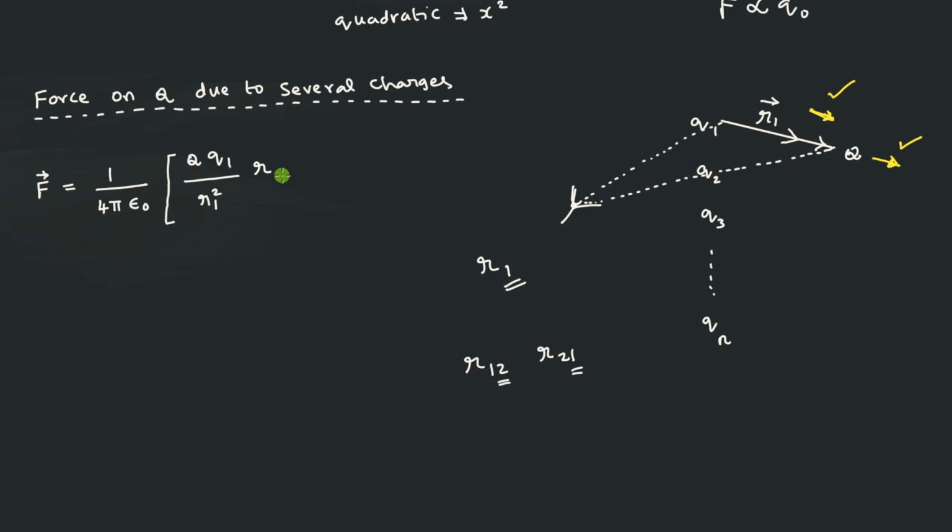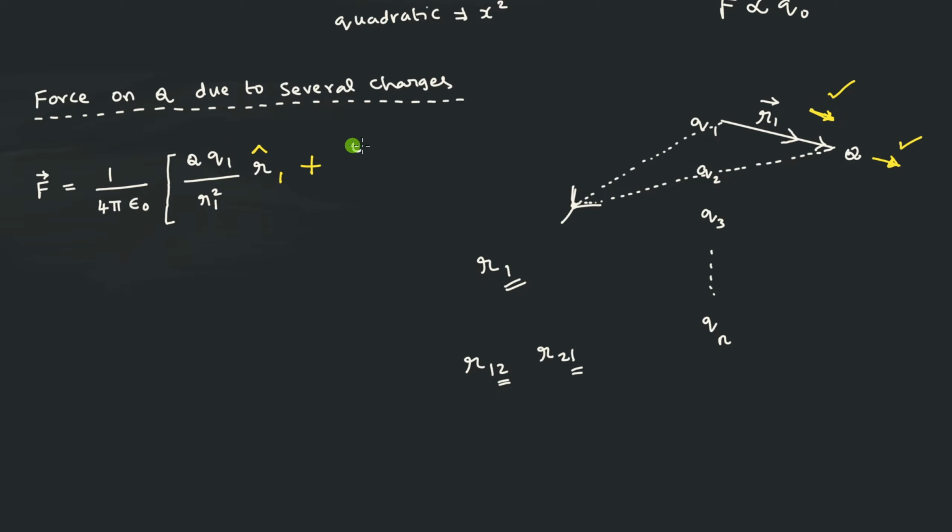So I will say that this is R1 and then put a cap here. So that is your first unit vector. Then plus. Then come to the second pair. Second pair, how do you write?